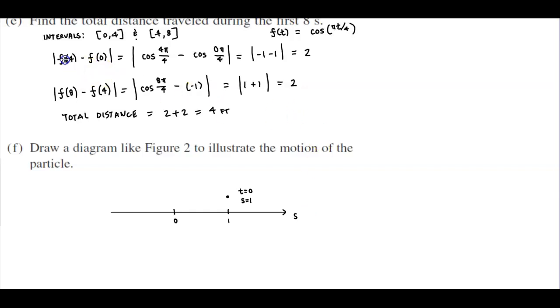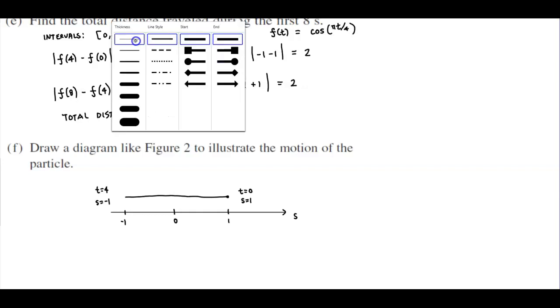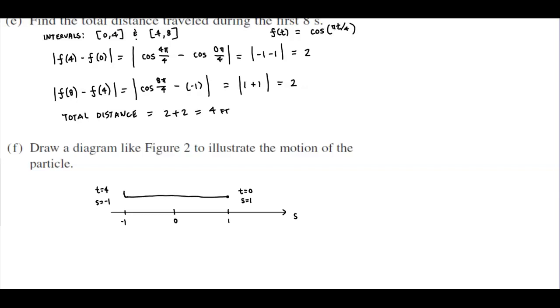And then when t was equal to 4, and we plugged it in, we got -1. So that means that the position is now going in this direction. So therefore here, when t was equal to 4, the position was at -1. Or, I guess, if you want to clean that up a little bit, it is then going to be here for when t is equal to 4, s is equal to -1.